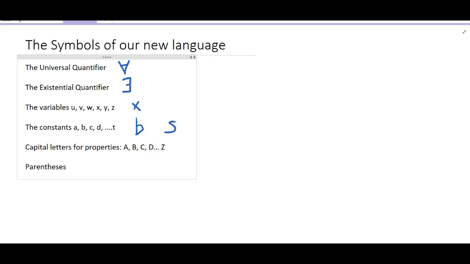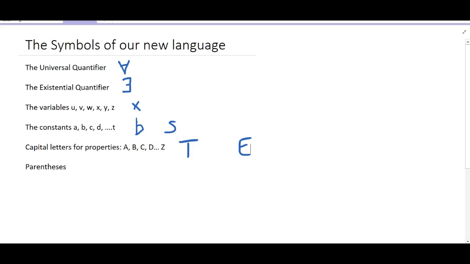So, for example, the property of being tall could be represented as an uppercase T. The property of being English could be represented as a capital E.